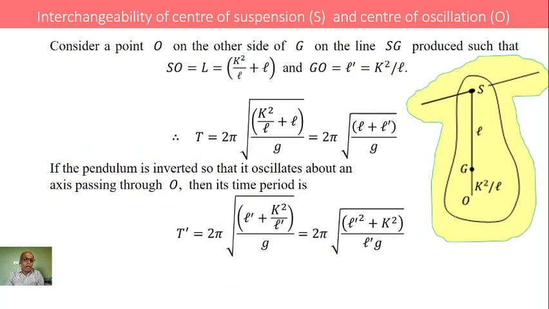Now coming to the interchangeability of center of suspension and center of oscillation. Here we have the center of suspension S. From S to point G, where the entire mass of the body is assumed to be concentrated, called the center of mass or center of gravity, a line is passed and extended, and we consider another point O on the other side of G. On one side of G we have S, the point of suspension, and on the other side of G we have another point O, called the center of oscillation.